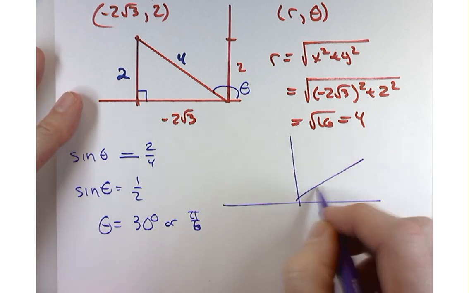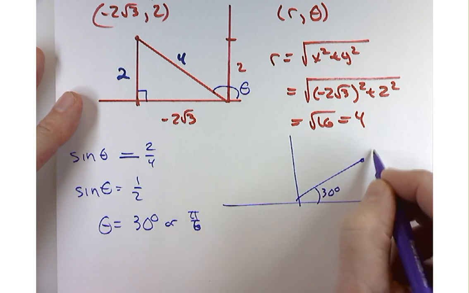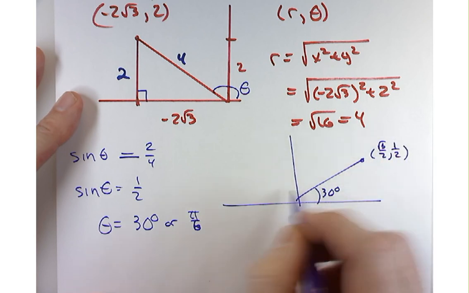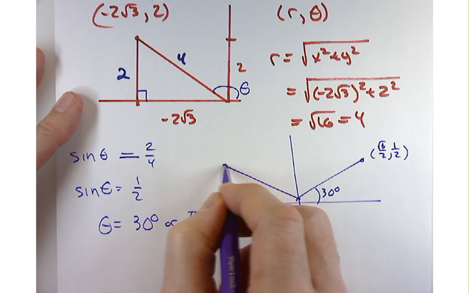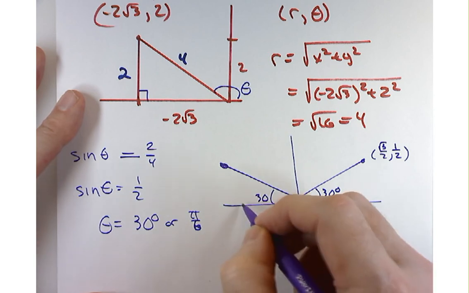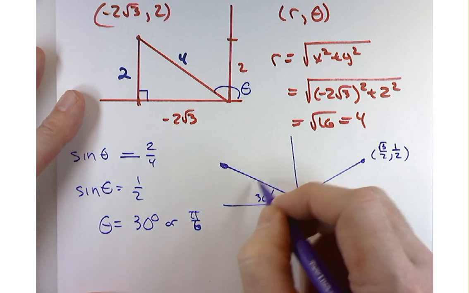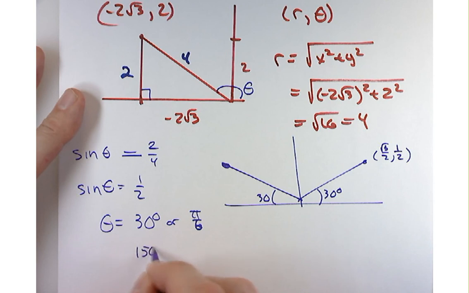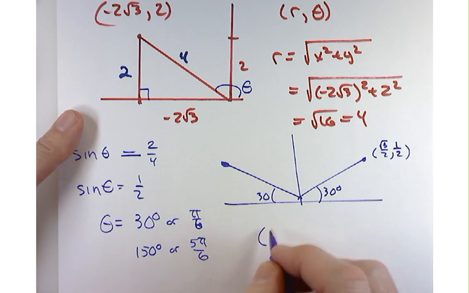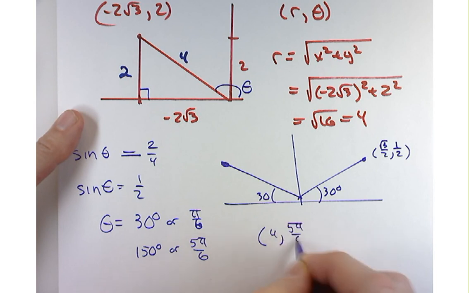So over here, if that's 30 degrees, and you're at the point square root of 3/2 and 1/2, then you're going to have a similar angle over in the second quadrant that's also 30 degrees, or 30 short of 180 is 150. Overall, your answer is going to be 4 and 5 pi/6, or 4 and 150.